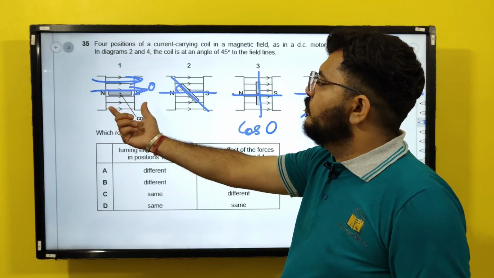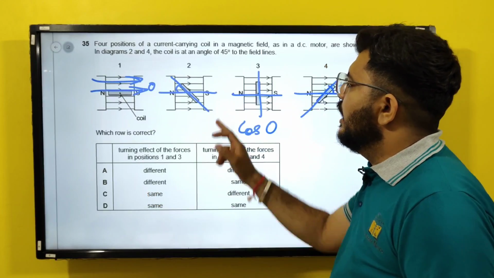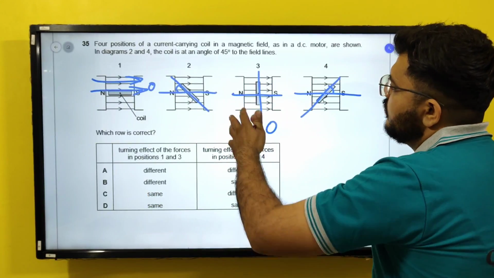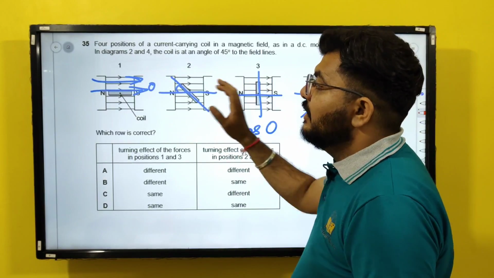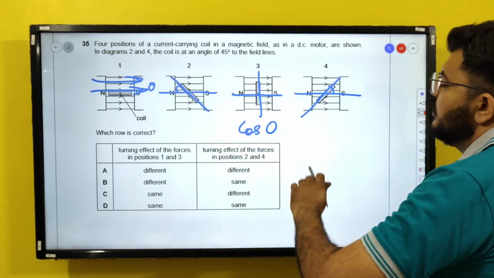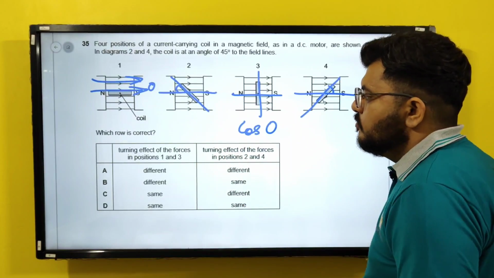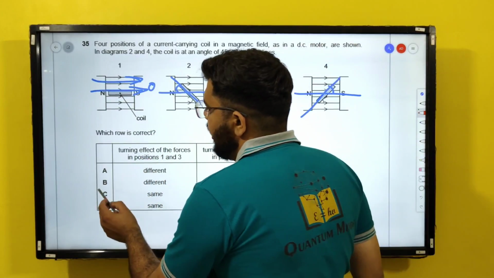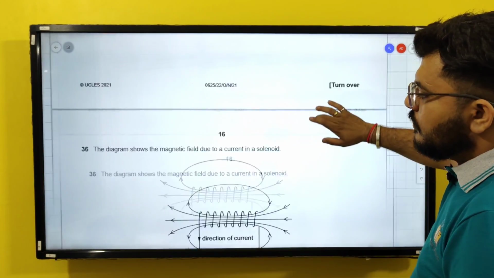So here most force, here least force. So turning effect is going to be different, and for these both cos of 45 is equal, or in other words you can say they are equally inclined to the magnetic field, and therefore they will have turning force which will be equal in magnitude. So turning force is different for 1 and 3, but it's same for 2 and 4, which is your option B.